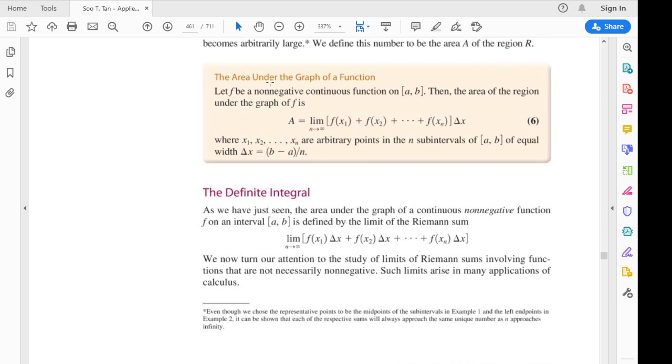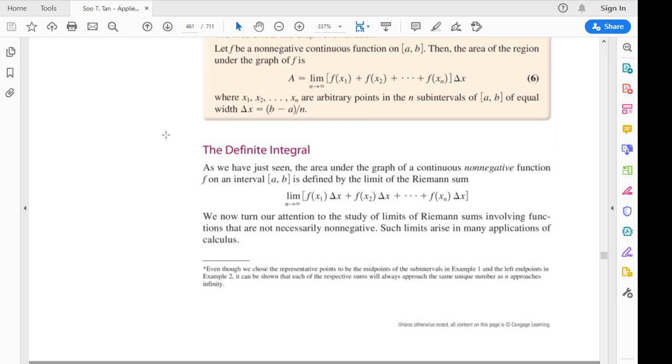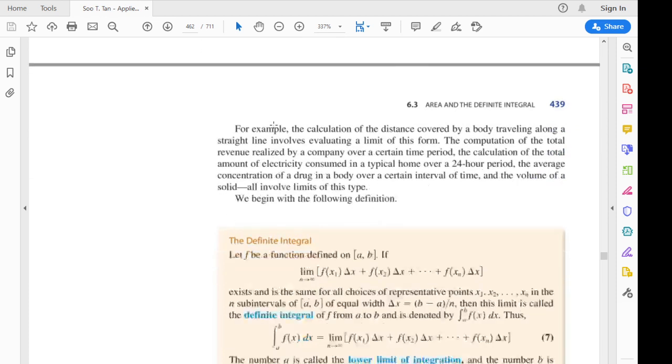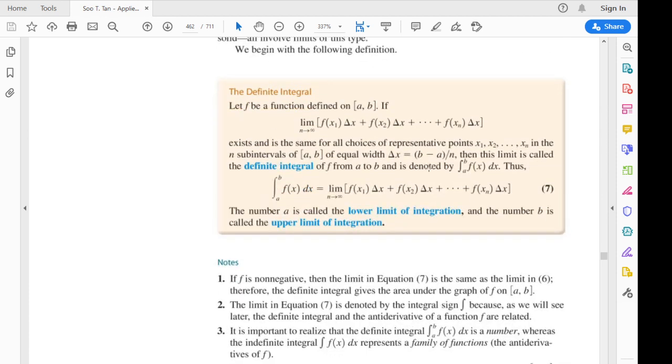All right, so we can define the area under the graph as the limit as n, the number of rectangles, goes to infinity, of the sum of the area of all of those rectangles. And we get what's called the definite integral. We define the definite integral with this notation, which we've already seen, but with boundary markers in.